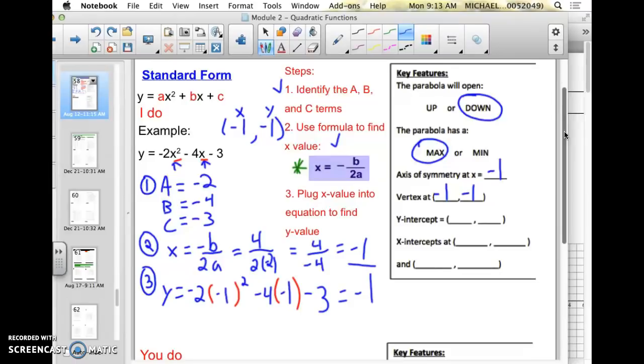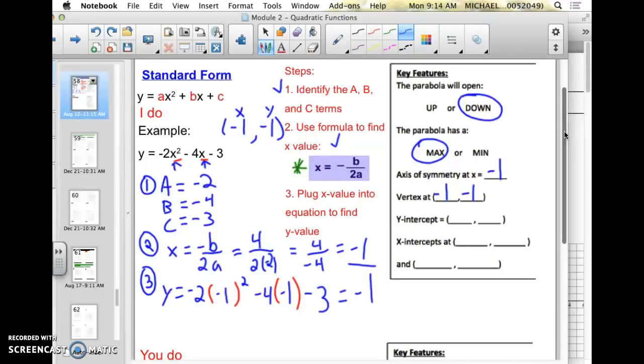In this case, I'm not going to fill out the y-intercept or x-intercept yet. We're still going to get those from the graph. If I were to graph this, which I'm not going to do in this video, it's the same process. You would first plot the vertex, and then, based off of the a value, which in this case is negative 2, you would use the step pattern that we've worked with before.